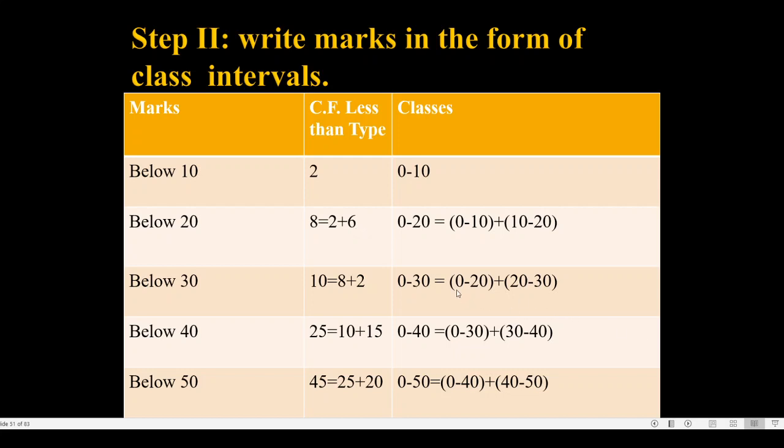Then for the next class 0 to 30, we know that 0 to 20 means 8 and the remaining frequency, which is 2, is our frequency of class 20 to 30. Similarly for class 30 to 40 our frequency is 10 and for the last class 40 to 50 our frequency is 25. Like this we can calculate the actual frequencies from the cumulative frequencies.